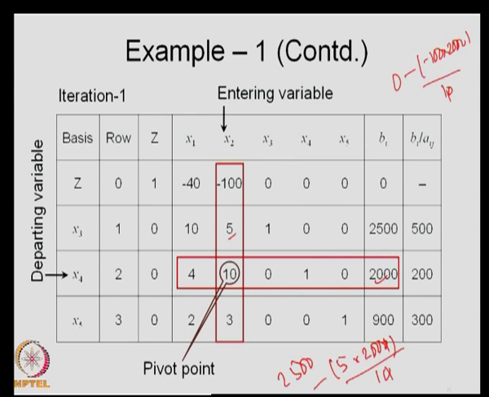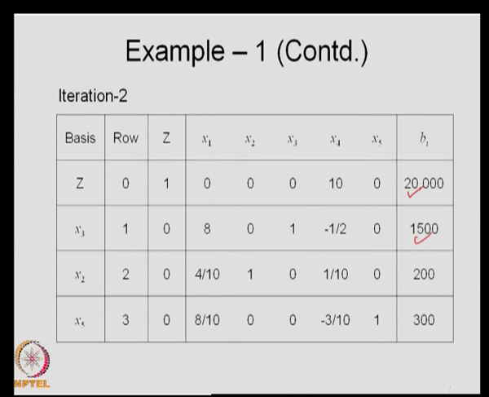So, this will be 1000, 2500 minus 1000, that is how you get 1500, and similarly you transform all these numbers except the pivotal row. Pivotal row you have already transformed. So, except the pivotal row you transform all other numbers here, and this is what you get.